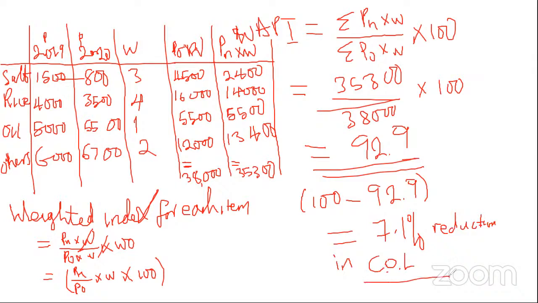So majorly the weighted aggregate price index is used to compare standards and costs of living. Here we say the cost of living reduced since this value was less than 100. But if it was more than 100, then we would do the opposite. We would get the value, then subtract 100 to get our balance.